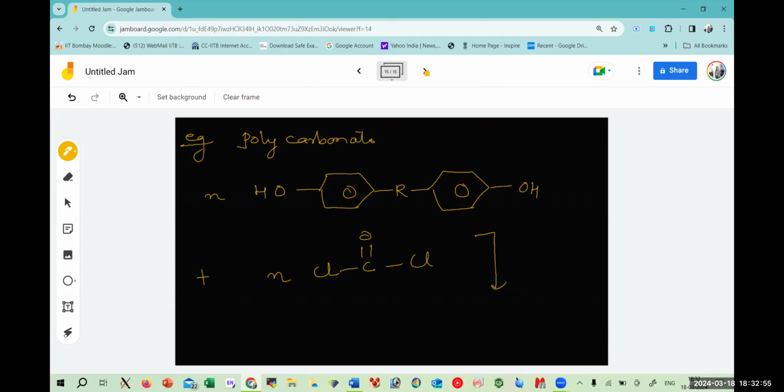And here also you will use HCl and 2 N minus HCl, and you will get HO, this phenyl group, R group, and O, C double bond O, and there would be Cl at the end, right?